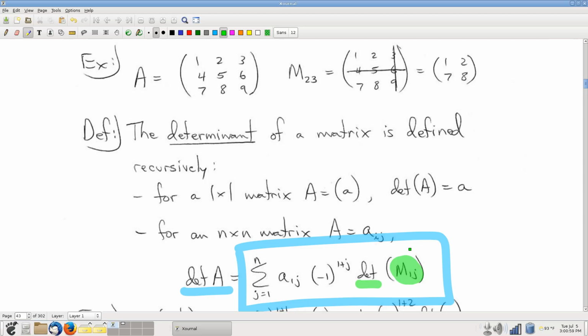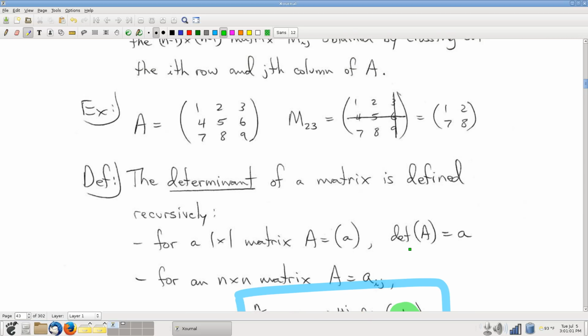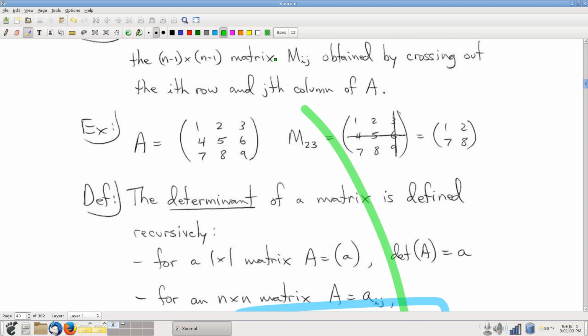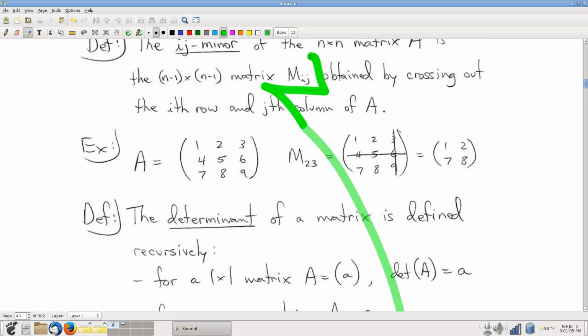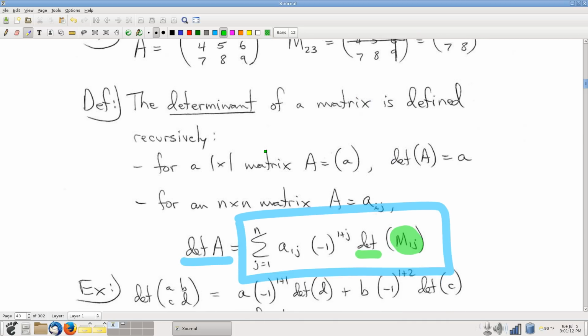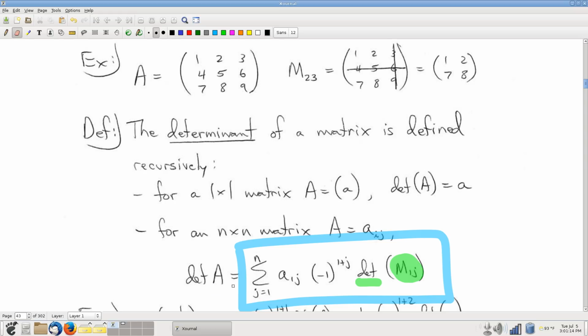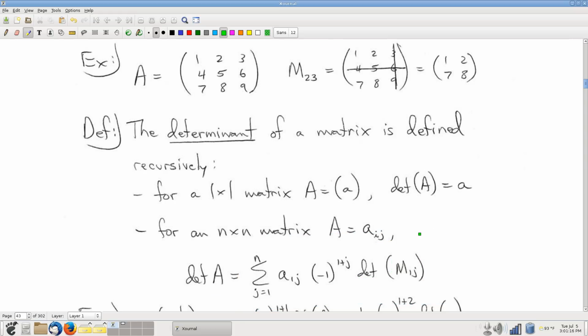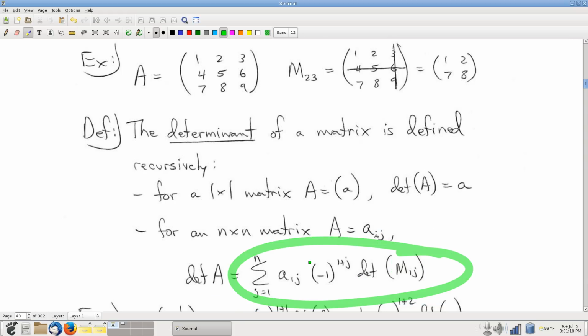And I know these are n-1 by n-1 because they are minors. Right, and we saw from up here that minors are n-1 by n-1. All right. So let's see some examples of how this formula plays out. And there's a lot of notation there to wade through.